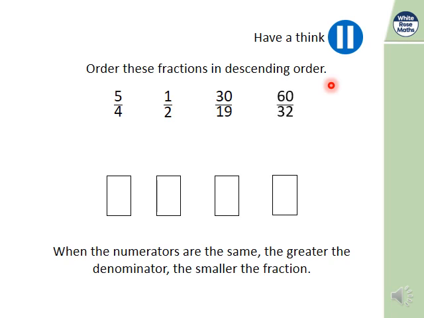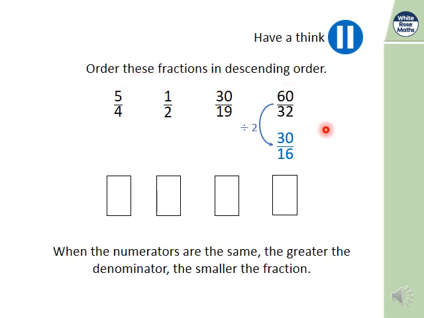Let's have a look and see. Well, what we could have done to make it a little bit easier is looked at that 60/32s and actually divided it by 2 to change it to 30/16ths. So some of you may have changed 30/19ths to the numerator 60, and the same with these, which is perfectly okay.